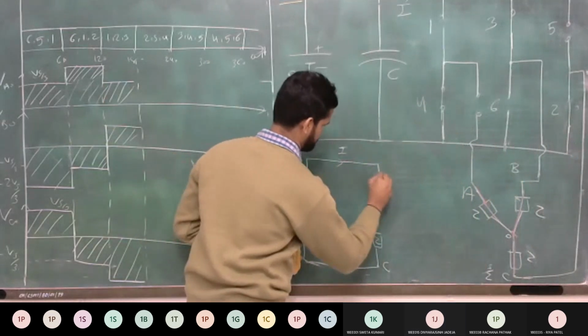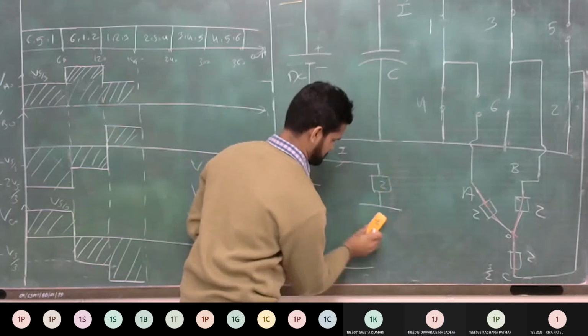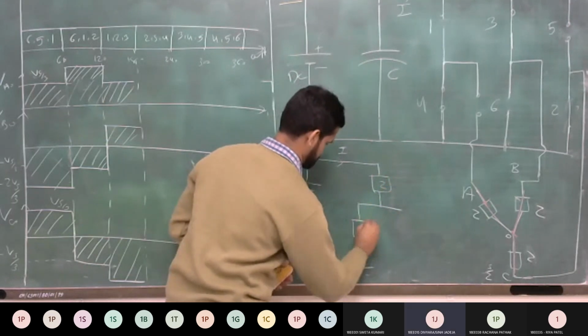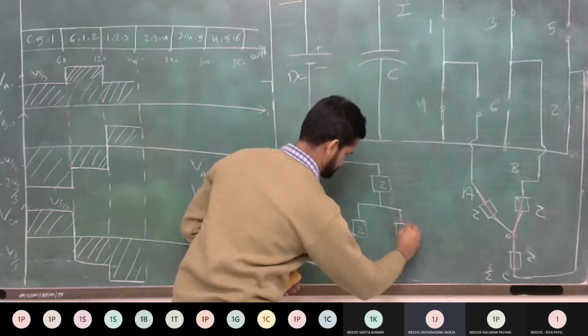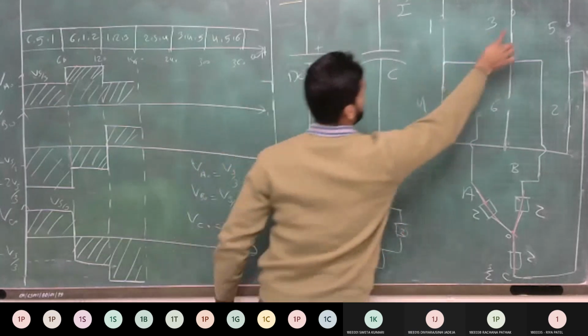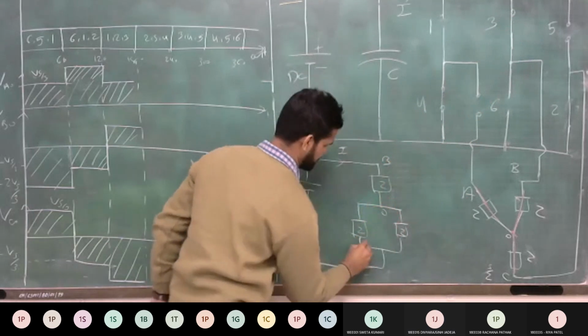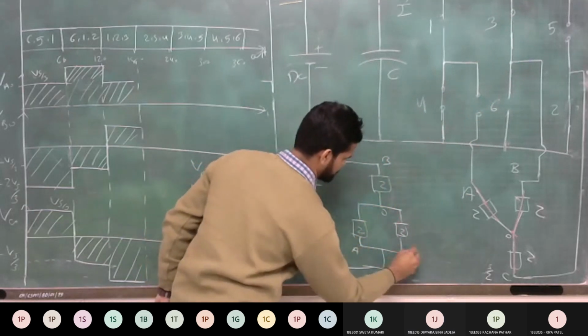Like this way. That is phase B. That is neutral, and that is phase A and C.